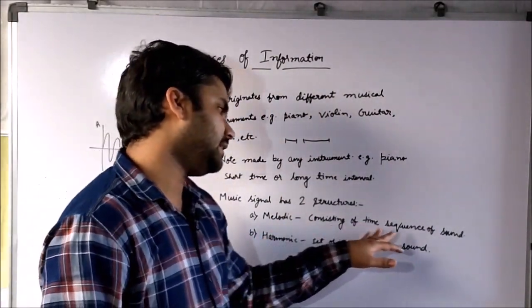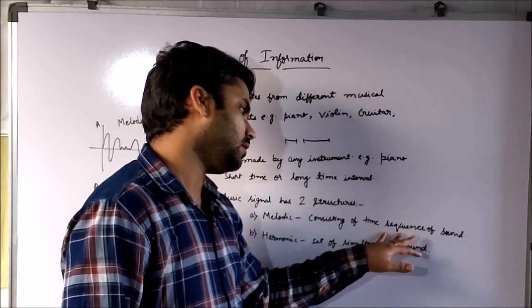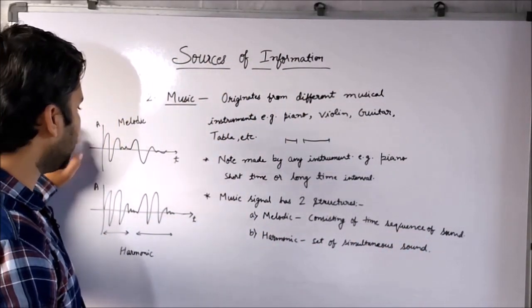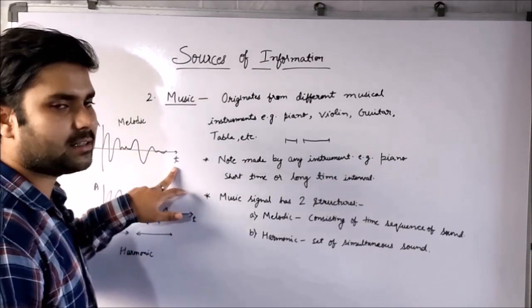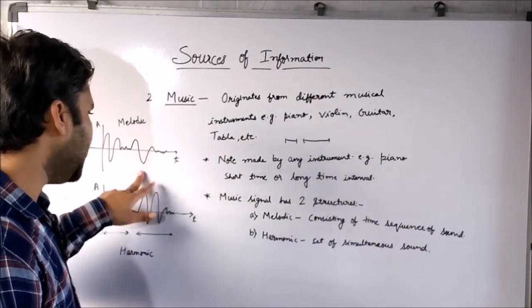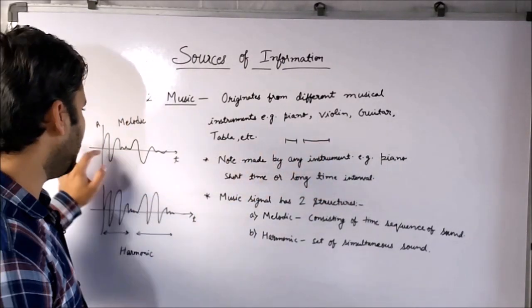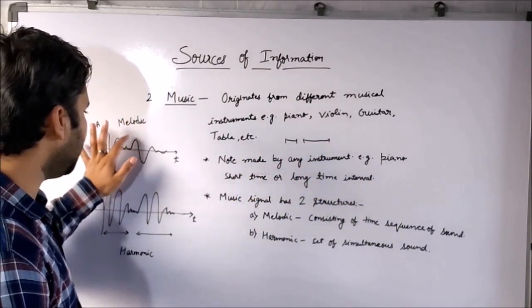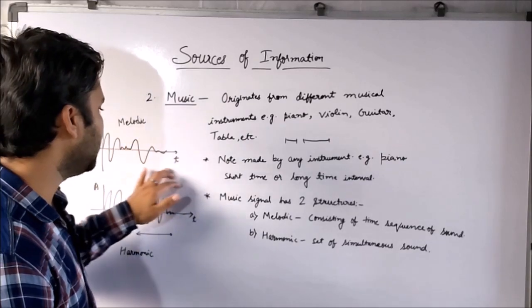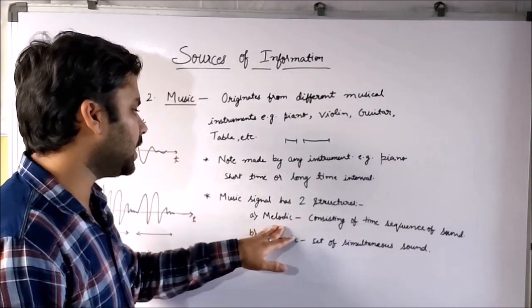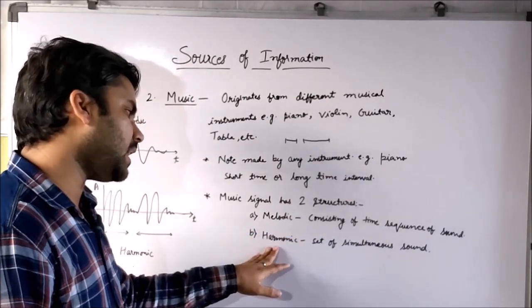It is sound in a time sequence. This can be seen here: if we consider the x-axis as the time axis, then playing a guitar or a flute or a piano, we are getting a continuous waveform for a certain time interval. So this is melodic.